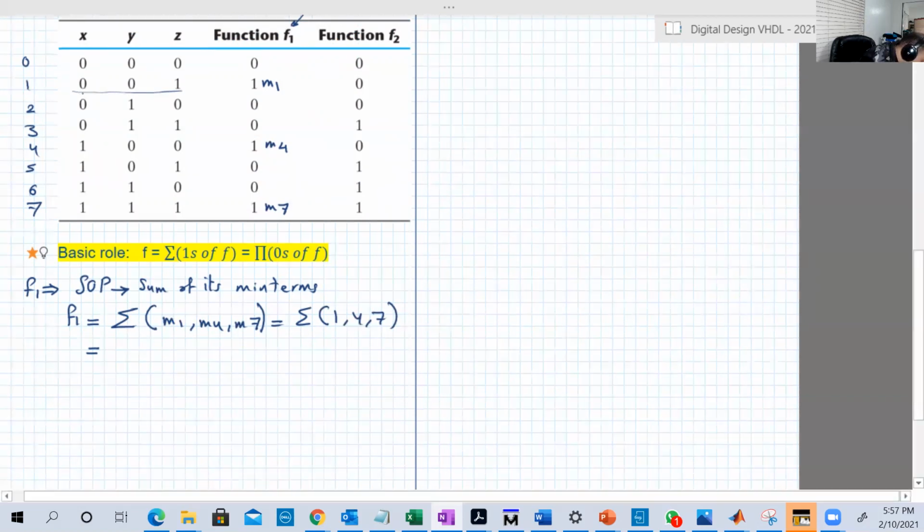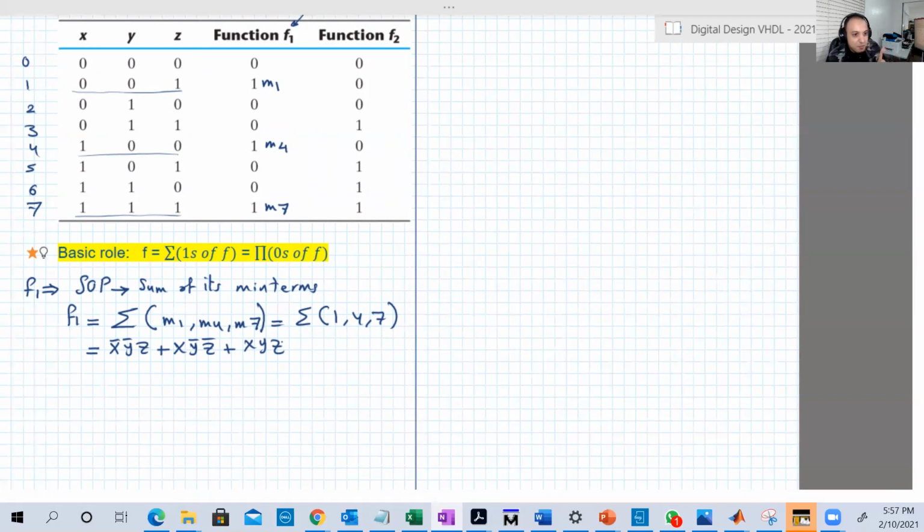So m1 is X prime, Y prime, Z. M4 is this one: X, Y prime, Z prime. M7 is X, Y, Z. Very simple, right? And very easy also.